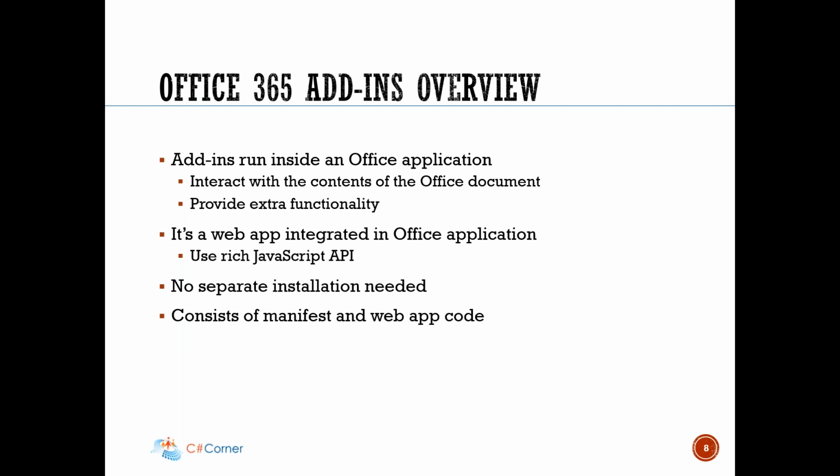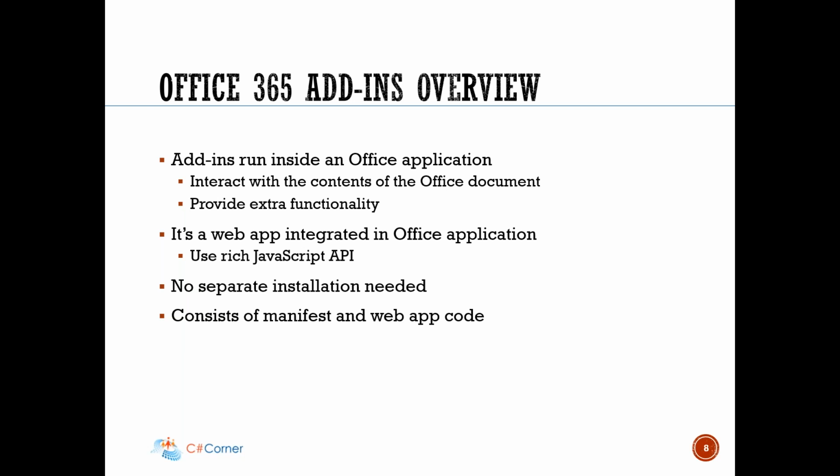Word, Excel, PowerPoint are products with rich functionalities. Microsoft has already loaded these products with so many functionalities. But on top of it, if you want to provide some other functionality, then you can do that with the help of add-ins. It's a web app integrated in the Office application.